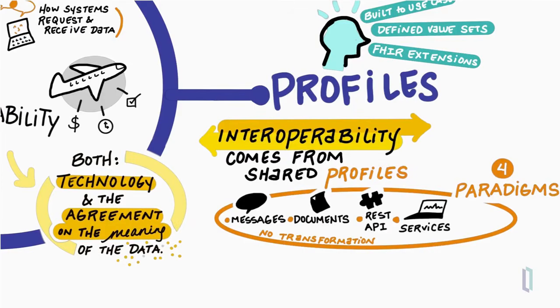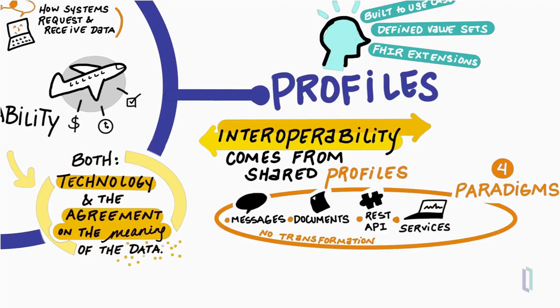So suppose we had a lab test result, and we get that lab test result from a FHIR API, and it is specified according to a FHIR profile. Then we can take that lab test result, put it in a message, and send it to another system. We can put it in a FHIR document that would be like a CDA document, and that data becomes part of that document without transforming it.